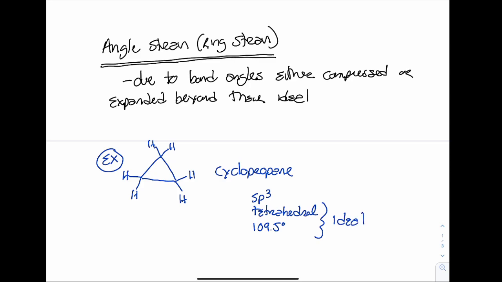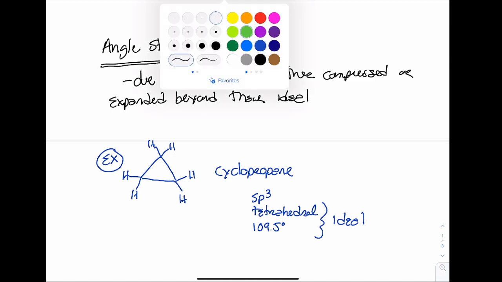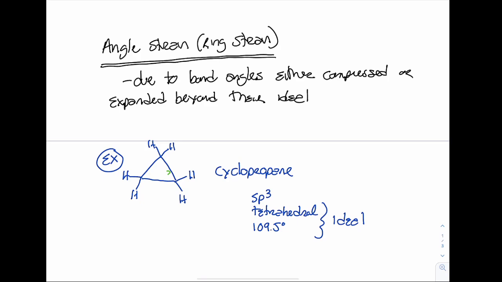However, if you were to make essentially an equilateral triangle, what are those bond angles? What is my angle between here and here? Yeah, good. 60 degrees if you guys came up with that. If you didn't, I'm telling you. 60 degrees. If you have an equilateral triangle, the inner part of the angle is going to be 60.